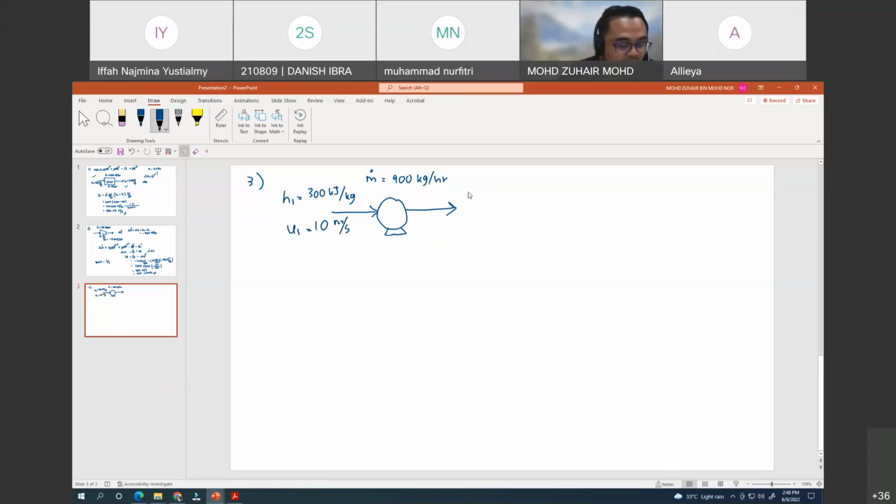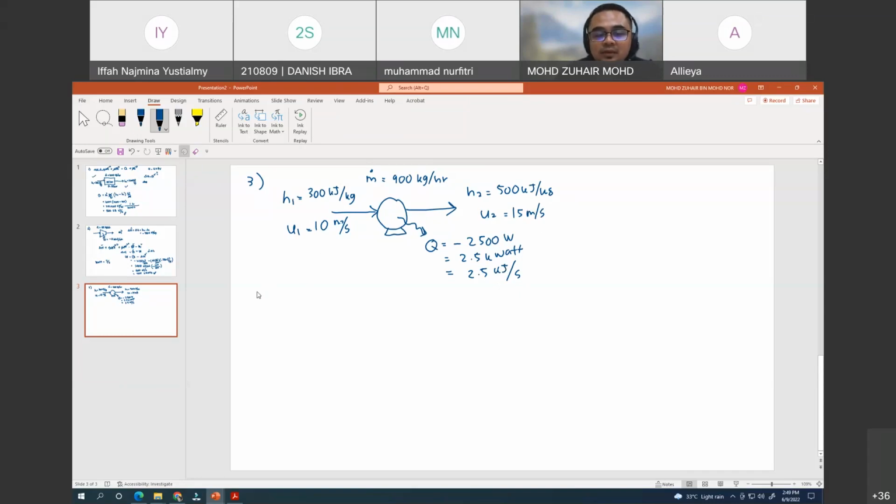Then we have H2 of 500 kilojoule per kg, and u2 equals 15 meter per second, and some heat loss here, Q. Because it is a loss, it is negative 2,500 watt, which equals 2.5 kilowatt, or 2.5 kilojoule per second, because watt is equal to joule per second. Okay, so we have this information.